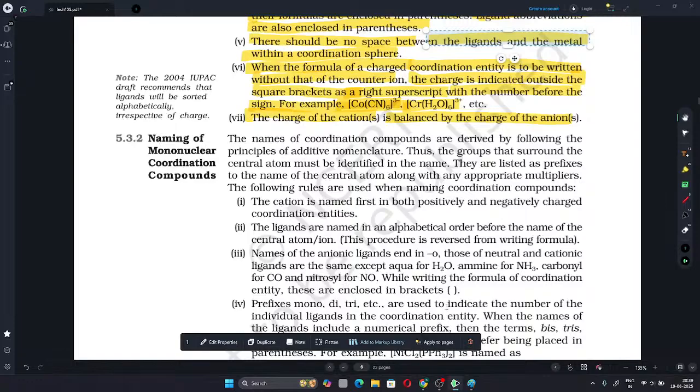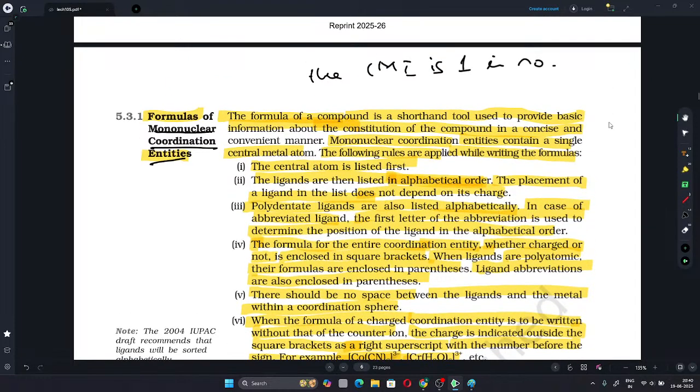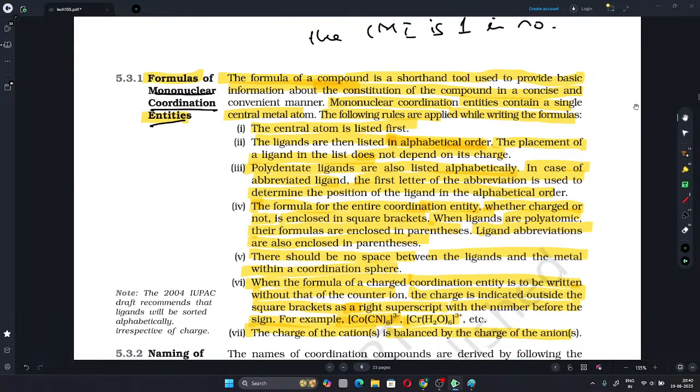Let's continue reading. When the central metal atom is 1 in number, the formula of a compound is a shorthand tool used to provide basic information about the constitution of the compound in a concise and convenient manner.